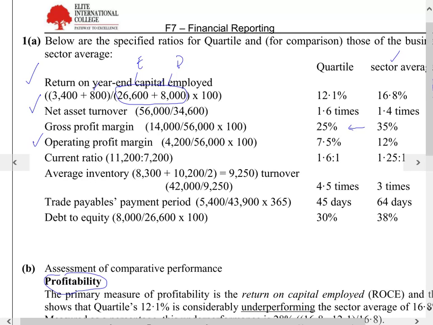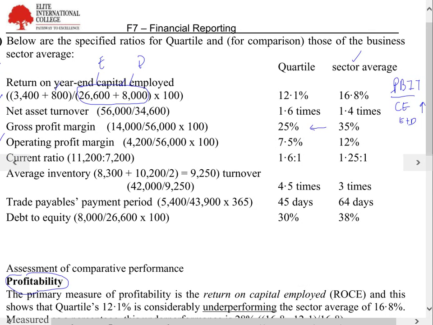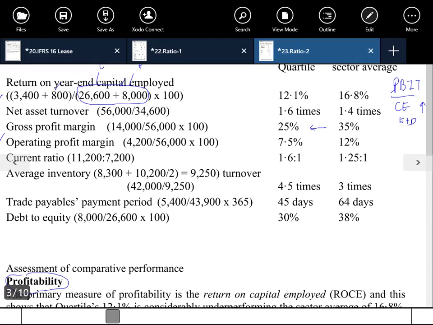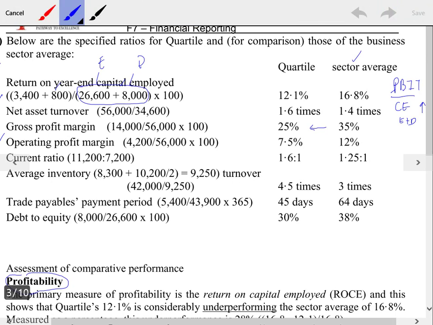Now, you compare the operating margin. What do we look at when we look at operating margin? Our company as well as the sector average: which company manages the expenses better than the other? Do we look at the proportion? Yes.